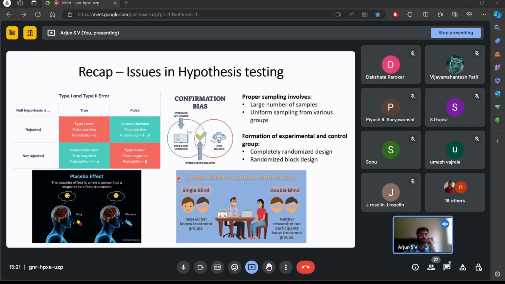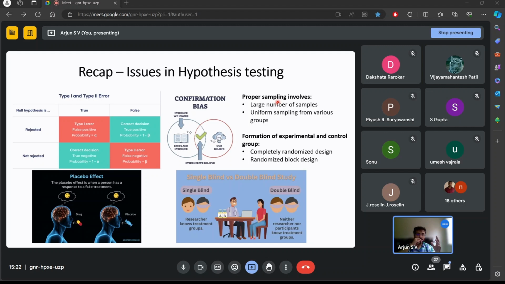There are many ways by which you can negate confirmation bias. One of the major techniques is proper sampling of all the test groups and control groups. What do I mean by proper sampling? You test your hypothesis on a large number of samples. You do not settle for 10 or 20 or 30 samples. You test on say 500 or 1000 samples or more.